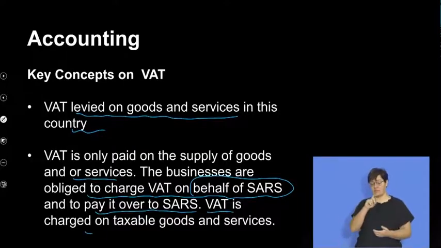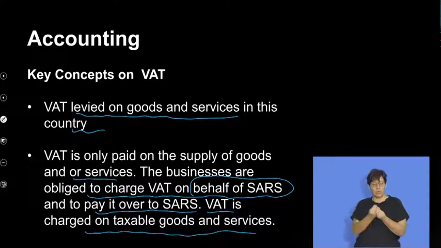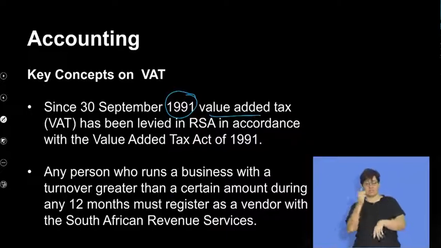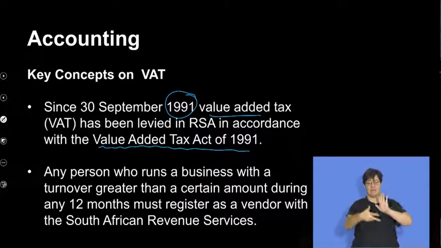VAT is charged on taxable goods and services. Okay, you will see therefore that since 1991, when VAT was introduced in South Africa, right? Obviously, it's an act of parliament, and therefore it is something that we have to comply with.